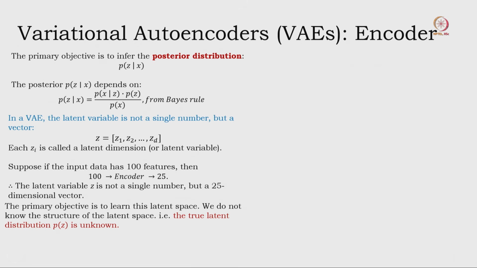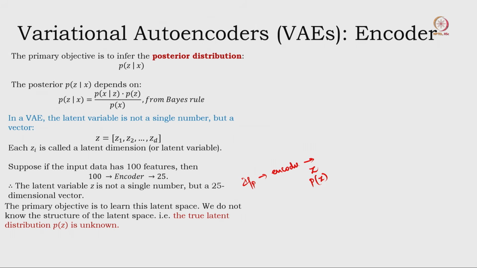Therefore, we make the first assumption here. From input, when you pass it to an encoder, you get the latent space. The probability distribution of this latent space is what we do not know.